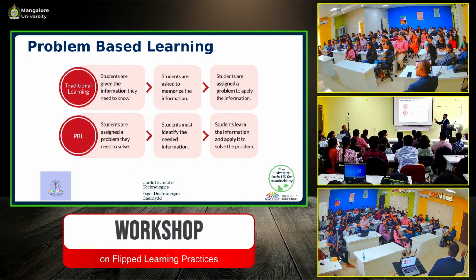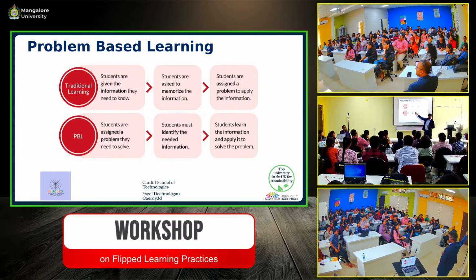Let's compare it with traditional learning. You will be given information during a lecture or tutorial, and students will memorize it, and then try to apply that to a problem. That's our normal traditional classroom.